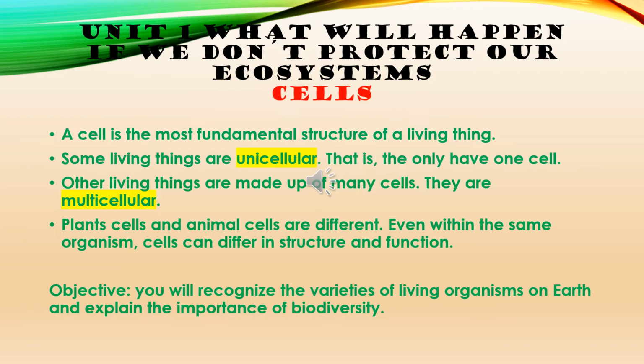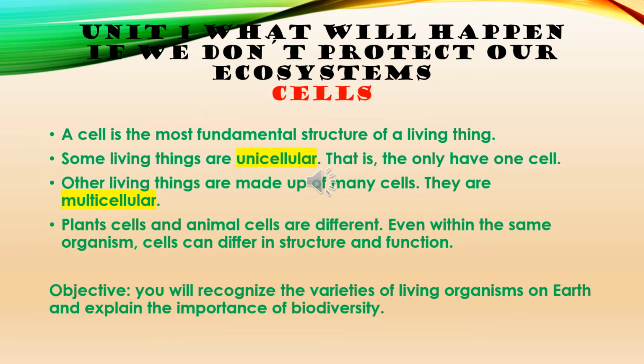Now, the other type of living things that we are going to talk about today is multicellular. The word multi means many cells. Living things are made up of many cells. So remember, living things are made up of one cell or of many cells.